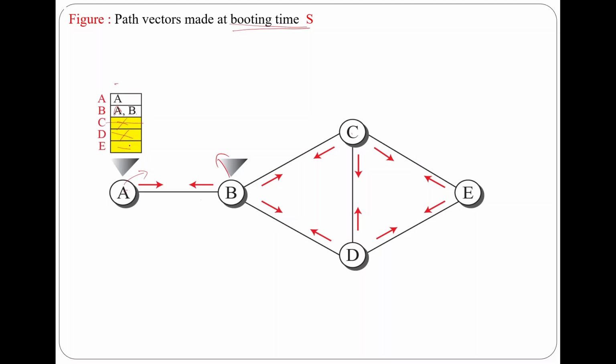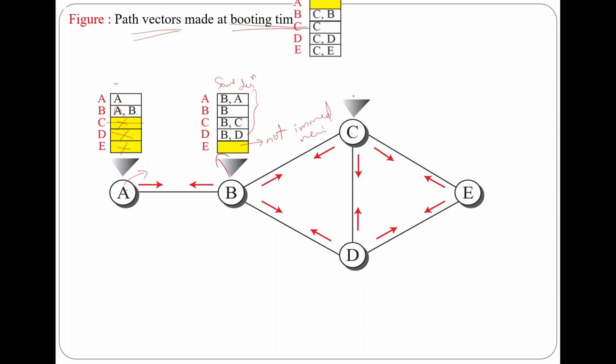Likewise for D and E, as they are not immediate neighbors of A. Similarly, for B, the immediate neighbors are A, C and D. B is the source and A is the destination; B is the source and the destination is also B. Like that, everything will be established except E, because it is not an immediate neighbor of B. That is why it will not be filled in the path vector.